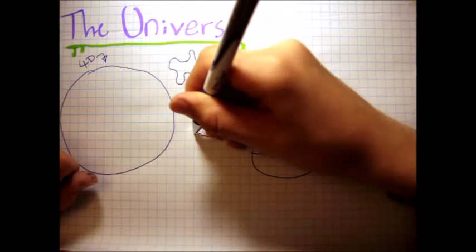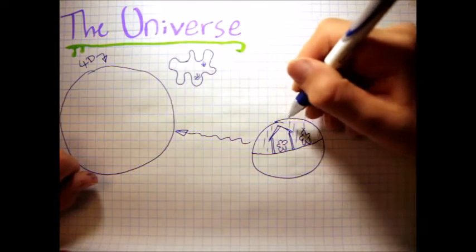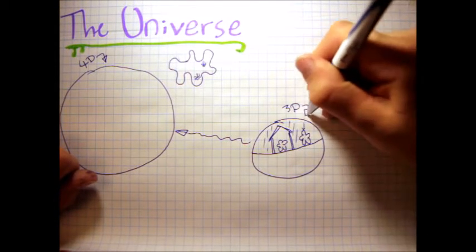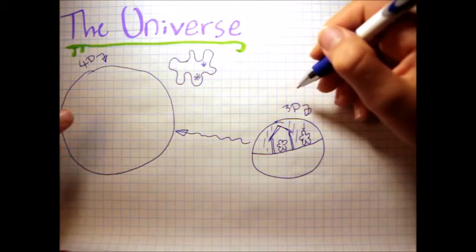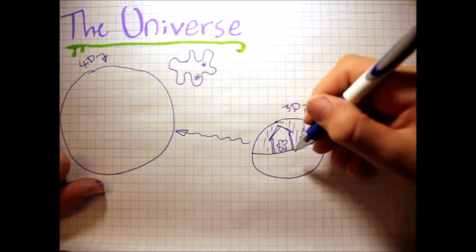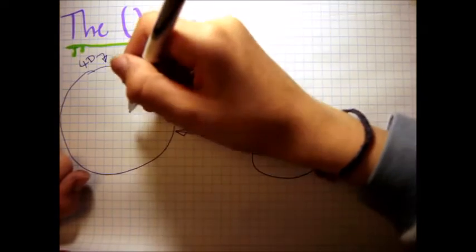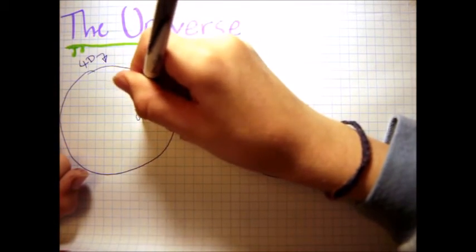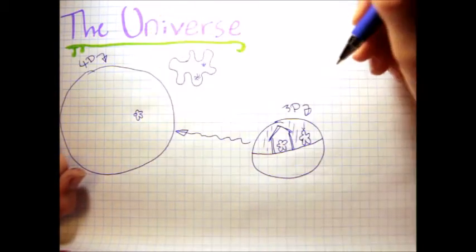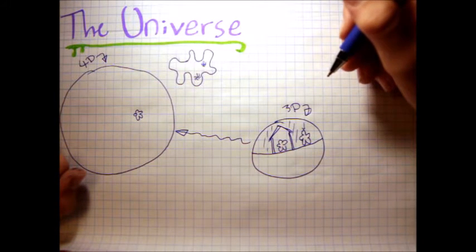Now let's scale everything up a dimension. Their 3D universe would become 4D. The 2D people would become 3D. Now we have 3D people living on the surface of a 4D sphere.